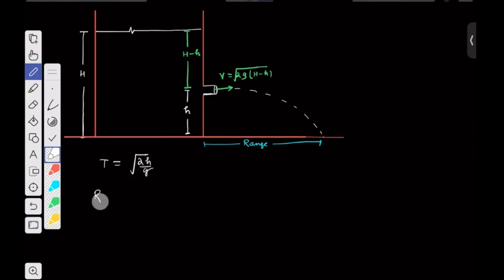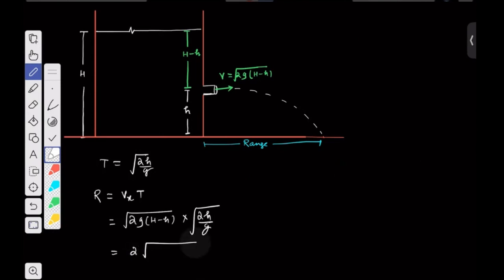So range will be the velocity in the x direction times time of flight, and the velocity in the x direction is root 2g(capital H minus small h). Time of flight is root over 2h by g. So if you simplify it, it will be 2 times root of small h into (capital H minus small h). I hope you got this thing, everyone.